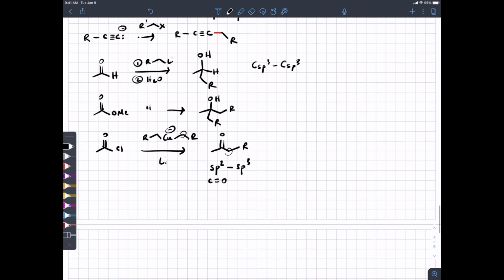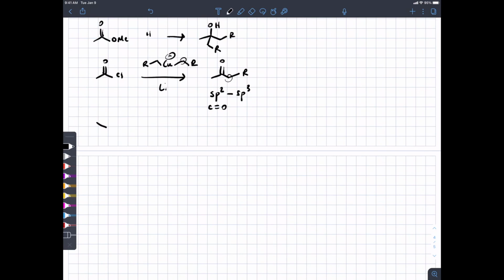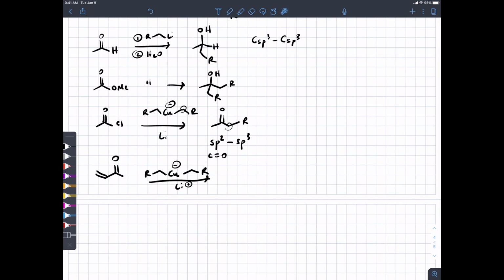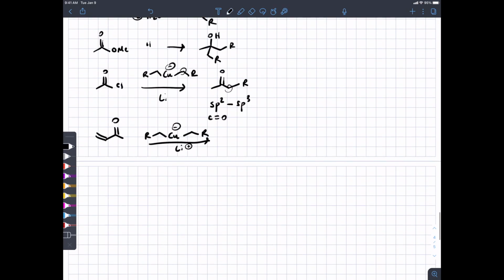We learned other things you can do with cuprates. For example, with the alpha-beta unsaturated carbonyl compound, we learned that the cuprate would add to the beta carbon, and that had to do with the nucleophilicity of the cuprate reagent and its different properties relative to an organolithium reagent.